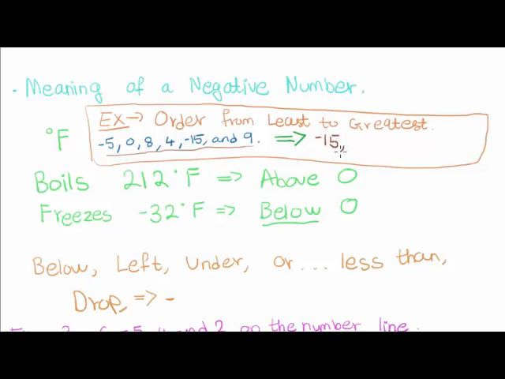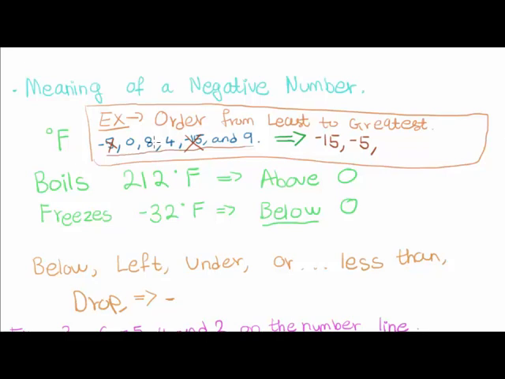So that's the least number. So -15. Once we're done with that, we can cross it out. The next biggest number, and basically the only other negative number in our set, is -5. And then we can cross it out.